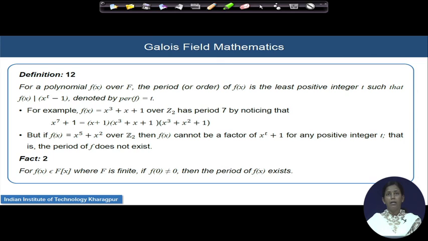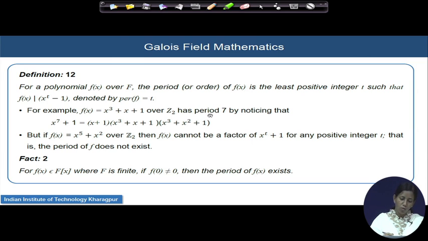Now we are in a situation to define a polynomial f x over a field F and define its periodicity. Suppose we have a polynomial f x and we are interested in finding its period.